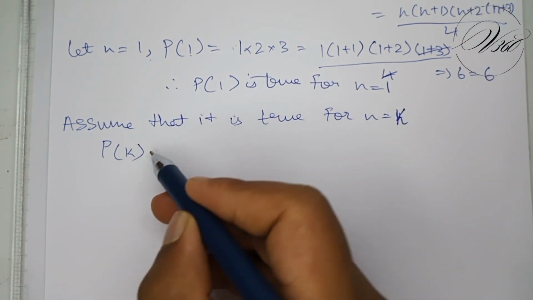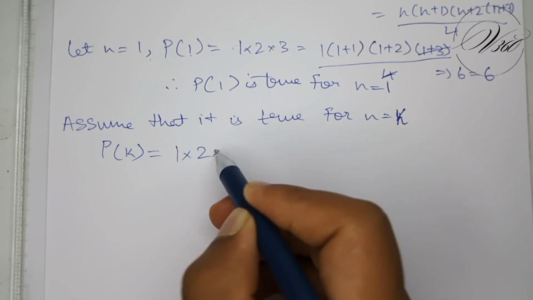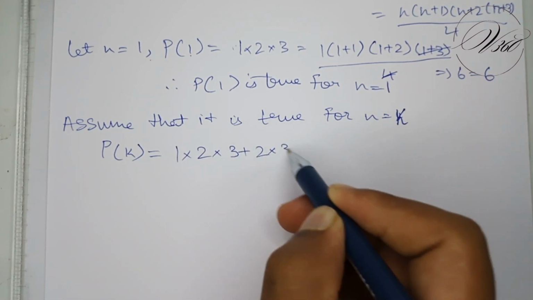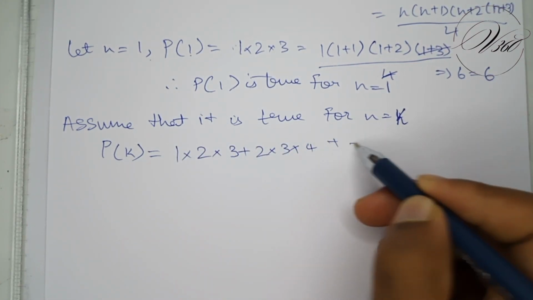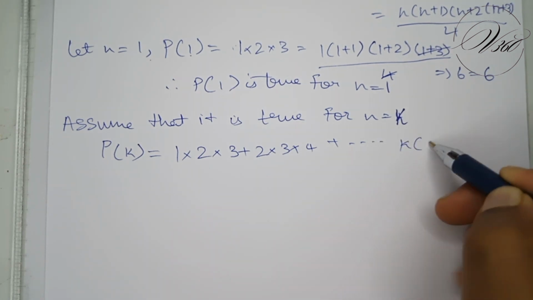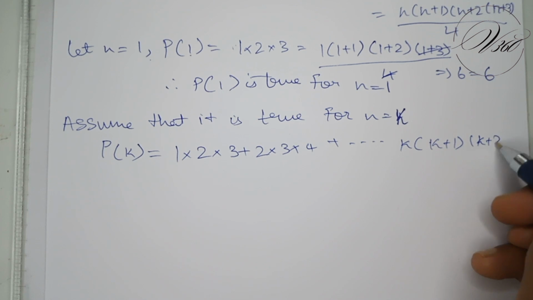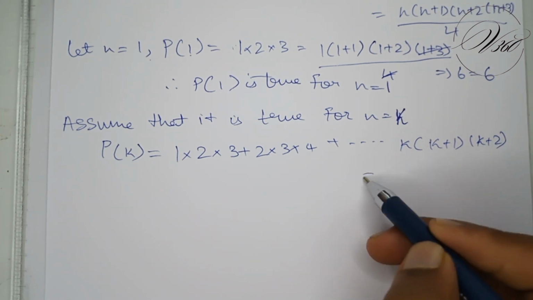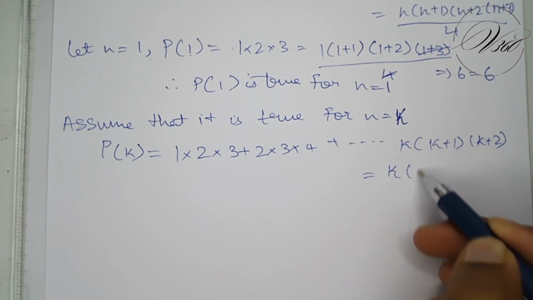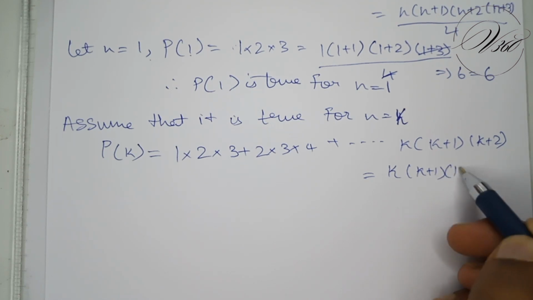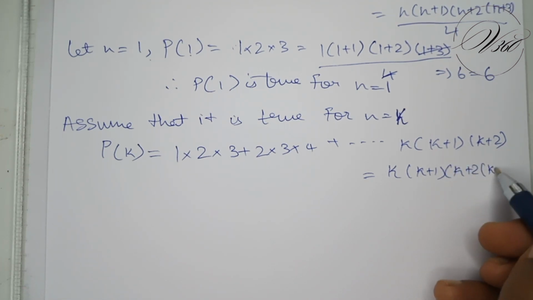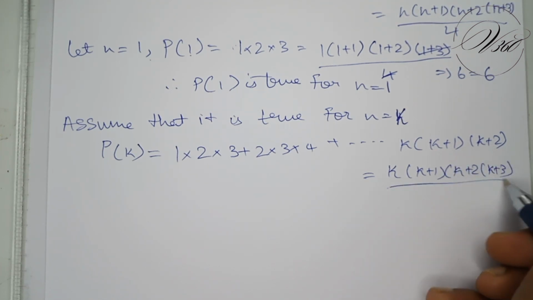P(k) = 1·2·3 + 2·3·4 + ... + k(k+1)(k+2), which equals k(k+1)(k+2)(k+3)/4, which is the first equation.